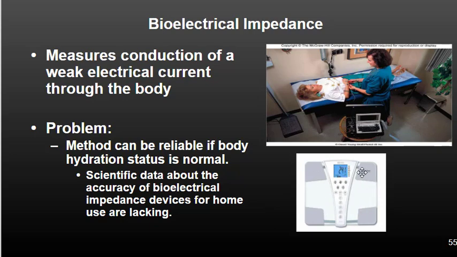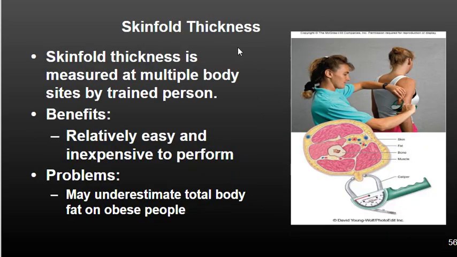Another method that can be used is skin fold tests. To do the skin fold test, ideally you need to have a person that is trained. You need to take measurements in multiple locations. You need to have a good set of calipers as well. It's pretty easy to do once you've had a little bit of training, and pretty inexpensive. These calipers are normally less than $10.